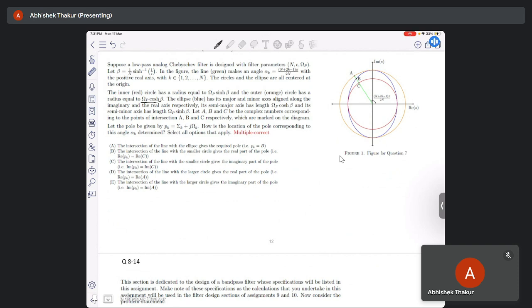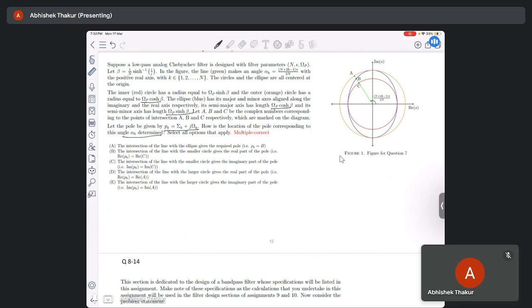The semi-major axis has a length of omega p cosh beta, and its semi-minor axis has length of omega p sinh of beta. Let A, B, C be the complex numbers corresponding to the points of intersection, which are marked on the diagram. Let the pole be given by sigma k plus j omega k. How is the location of the pole corresponding to this angle alpha k determined? Select the option that is correct.